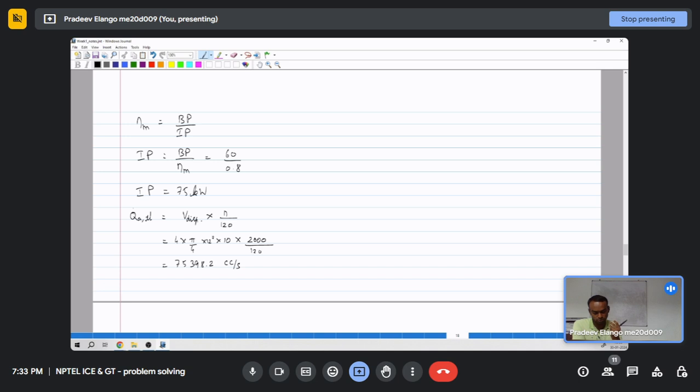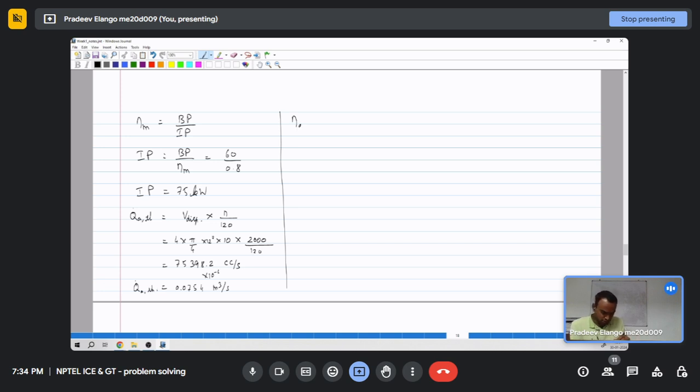To convert this to meter cube per second, we multiply by 10 power minus 6. So that will be 0.0754 meter cube per second. This is the theoretical rate of gas.